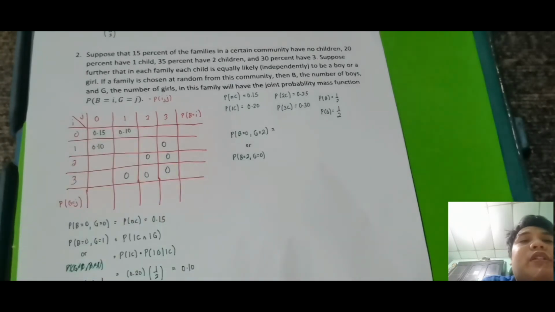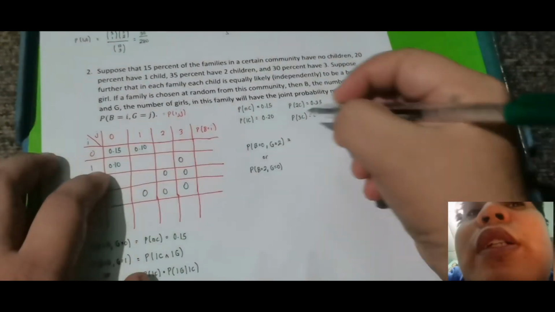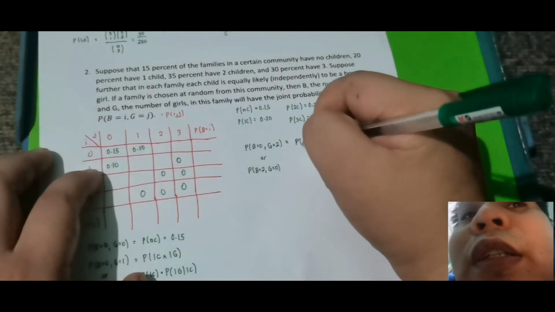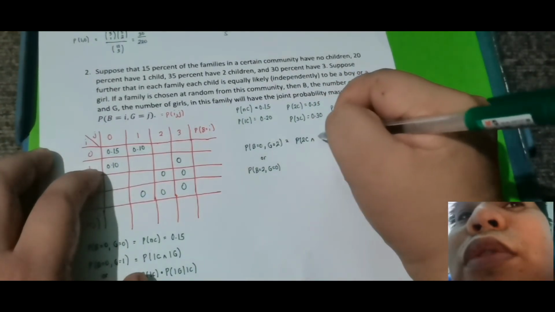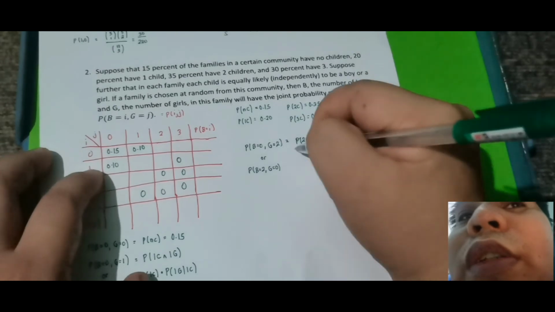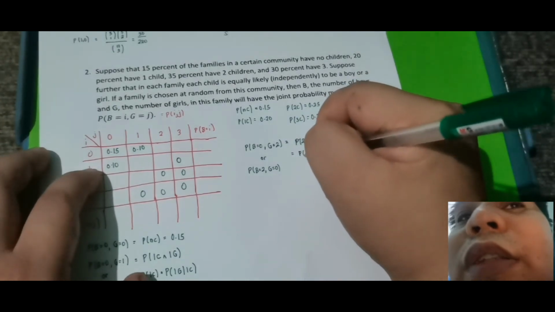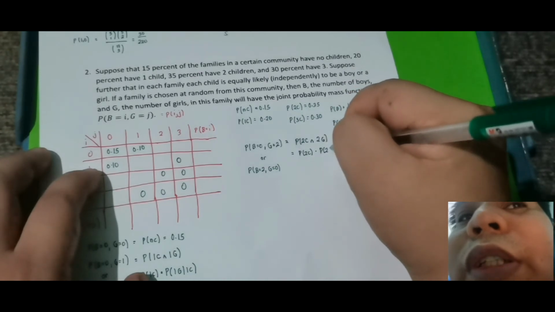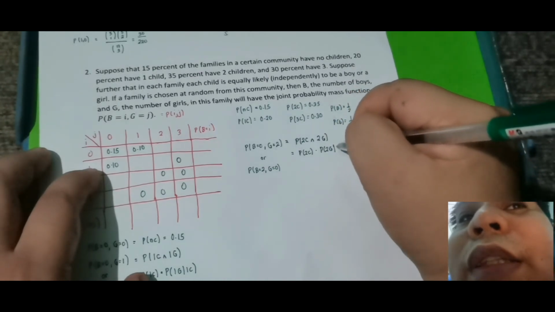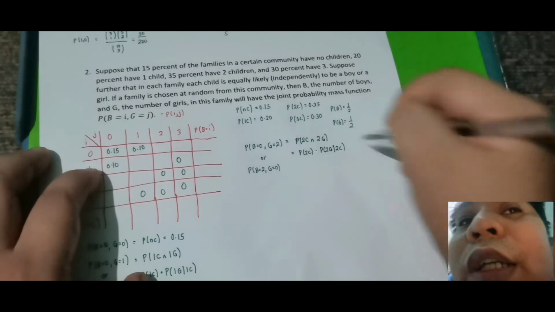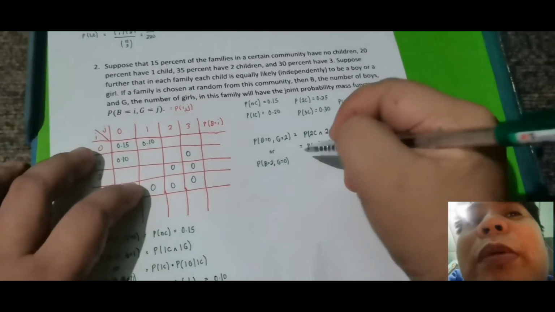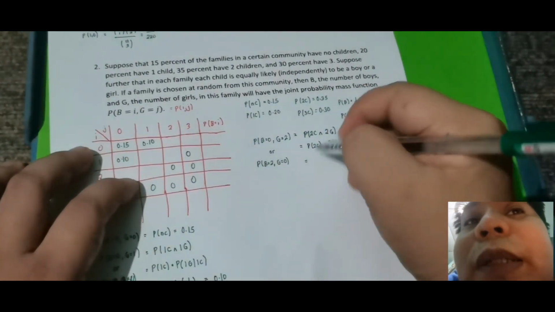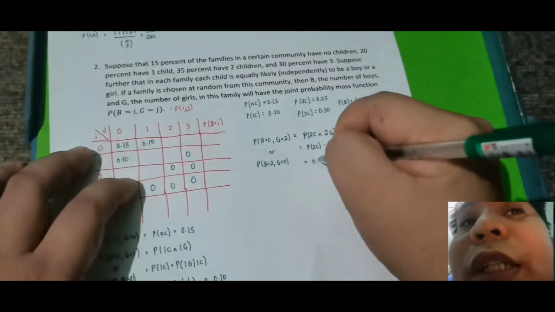In terms of wording, this is the probability that there are 2 children and 2 girls. So this is just equal to the probability of 2 children multiplied by the probability of 2 girls, given that there are 2 children. Now, the probability of having two children is simply 0.35 based on the given.